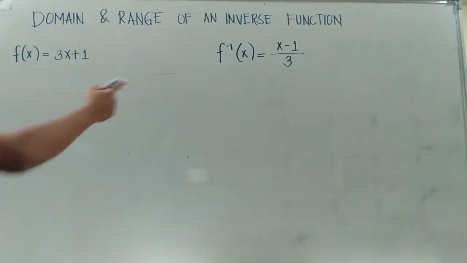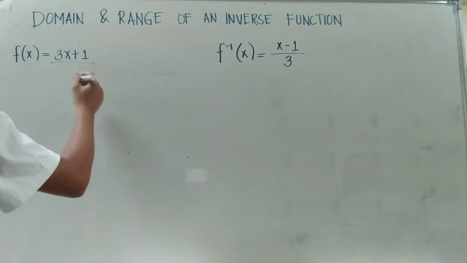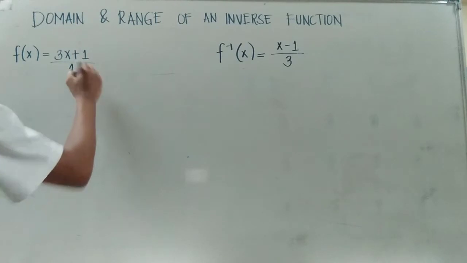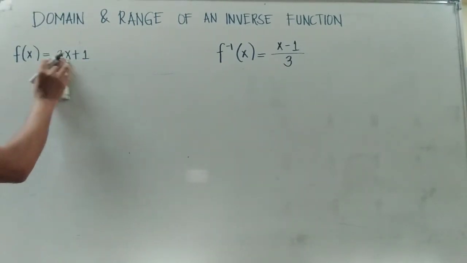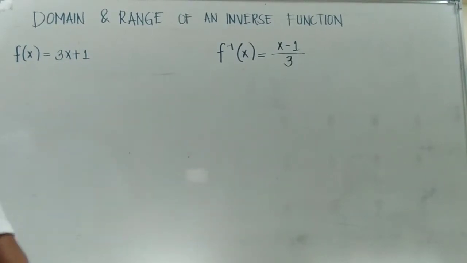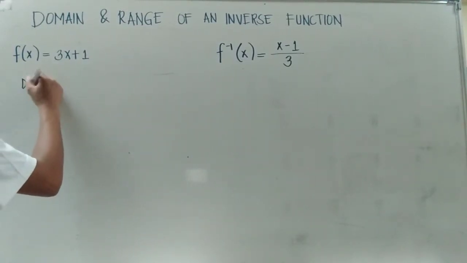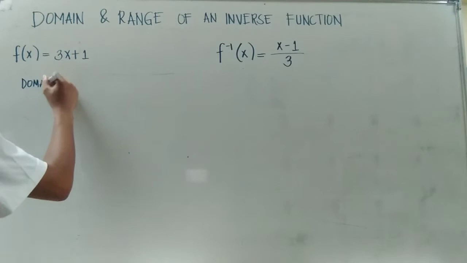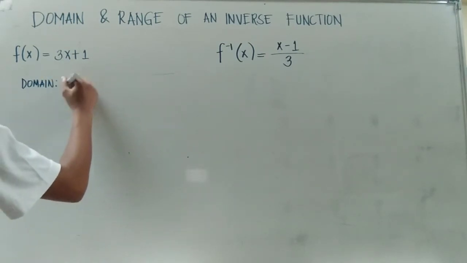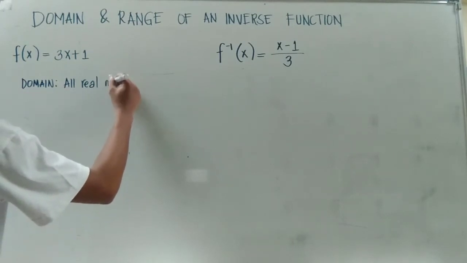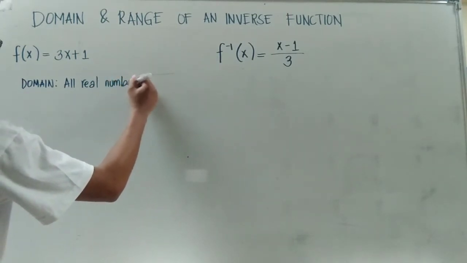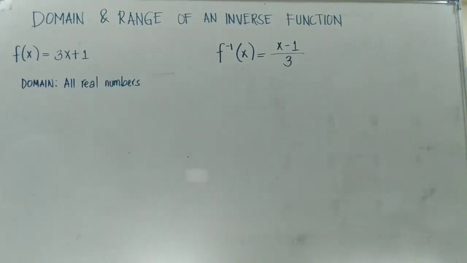As you can see, we don't have a denominator, but we can say that the denominator is 1. So the domain of this function is all real numbers. There is no restriction.